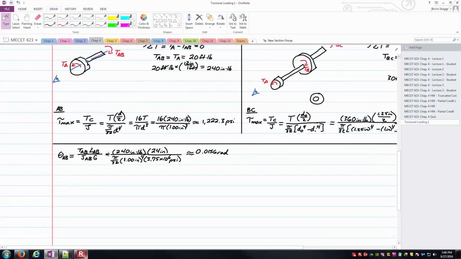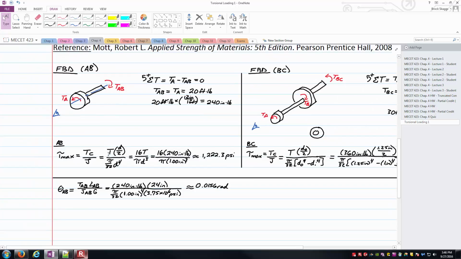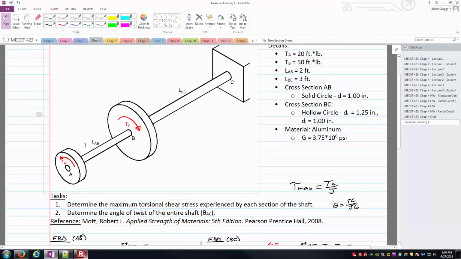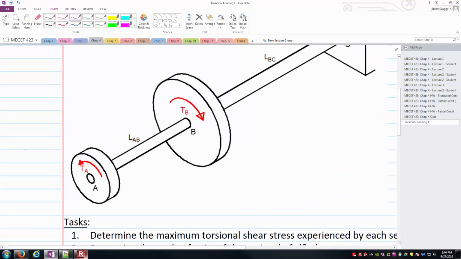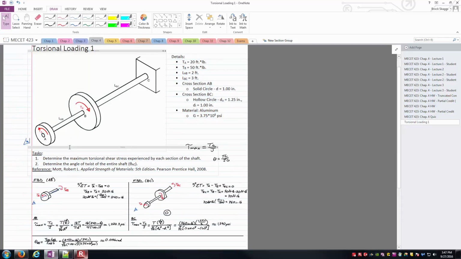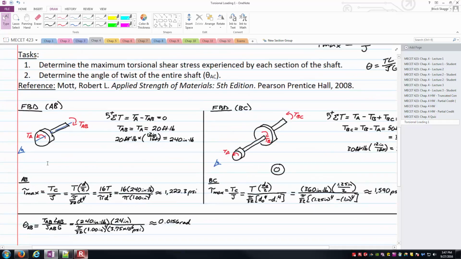The other thing I want to tag onto this thing is the direction. For shaft segment AB, the question is, from a certain perspective, and again, I always draw my eyeballs here, so when I'm talking about angle of twist, I'm talking about looking at it from this perspective way out here. Is it rotating clockwise or counterclockwise? I usually look at the free body diagrams first.